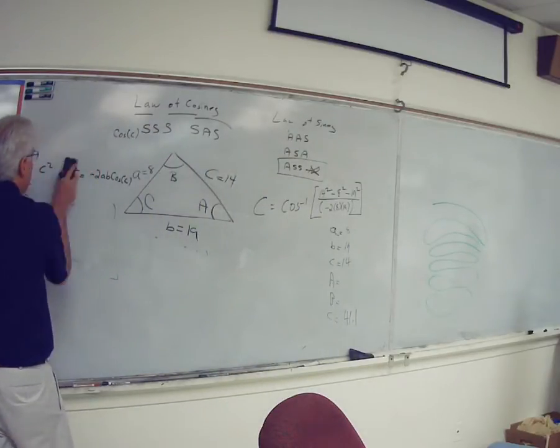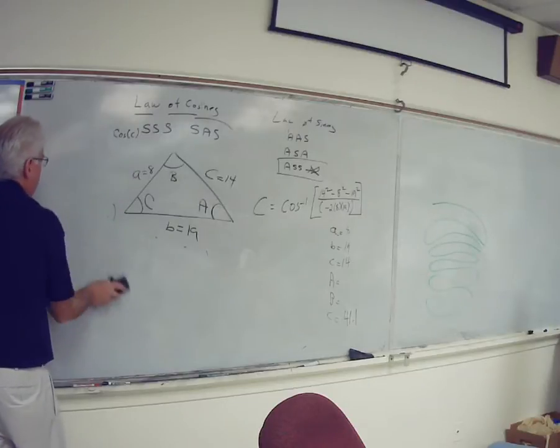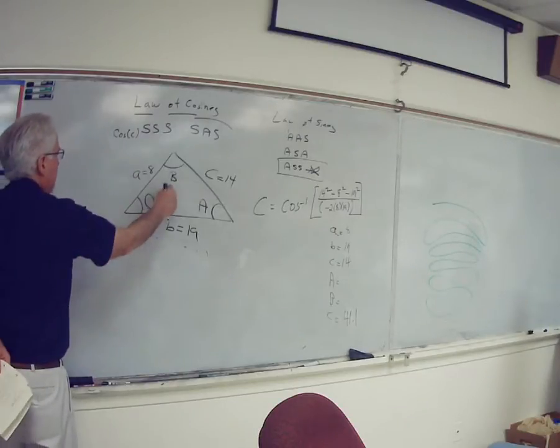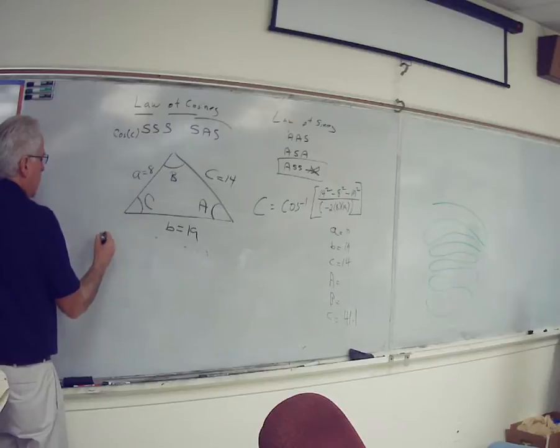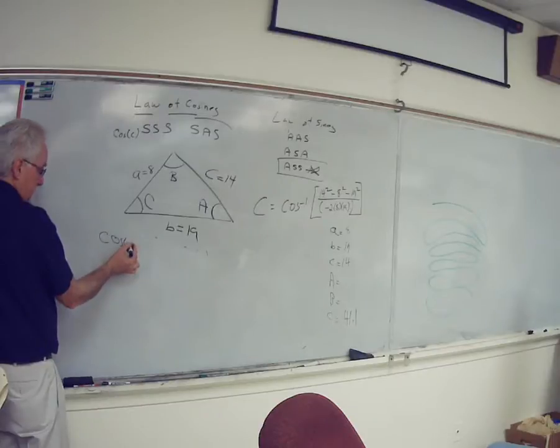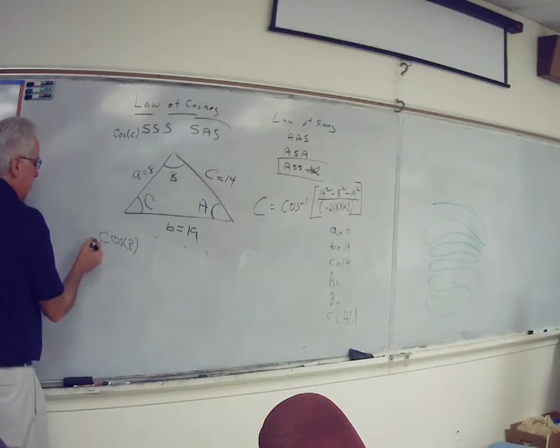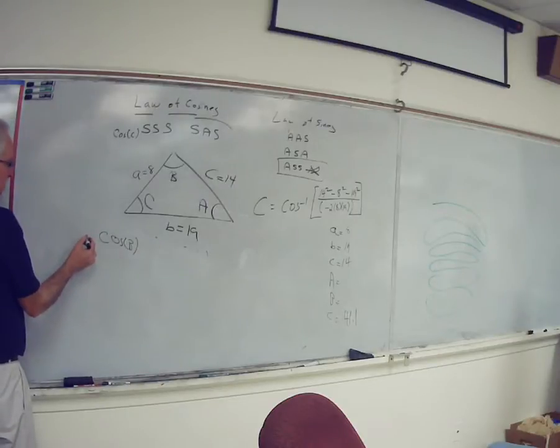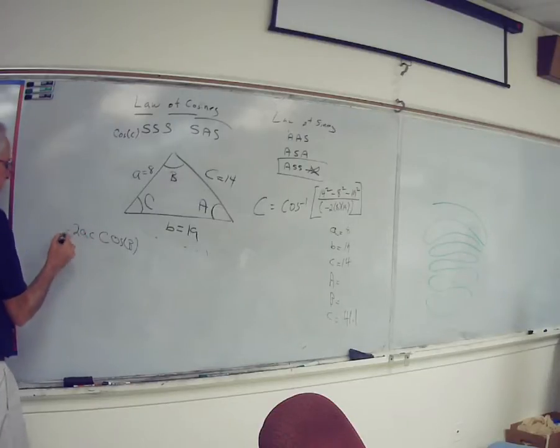Now, let's get big B. If I want big B, what should my cosine have? Your cosine should have B. And if cosine is B, what two things are going to come out here? A, C, and a minus 2. And then what two things am I going to be adding?